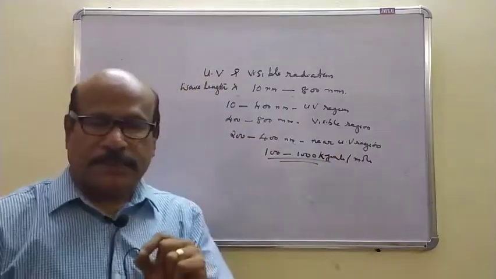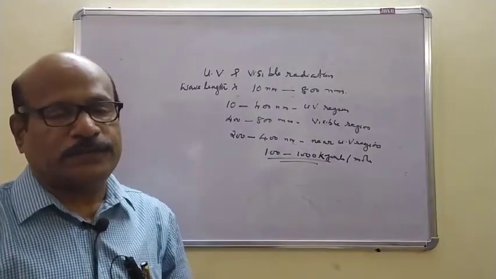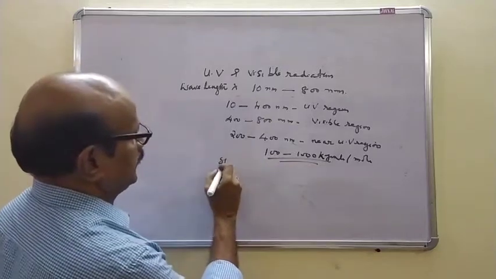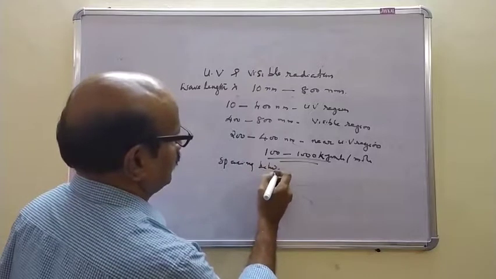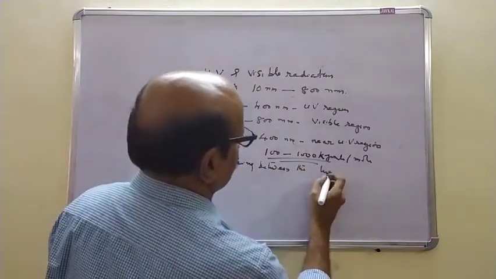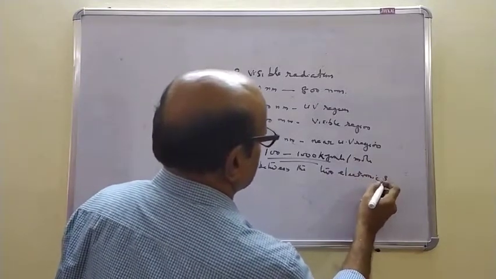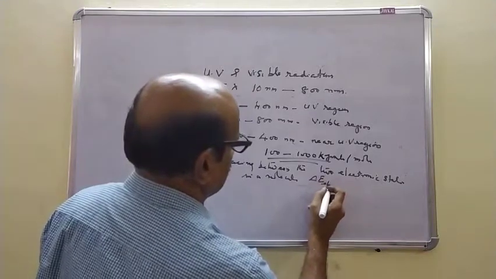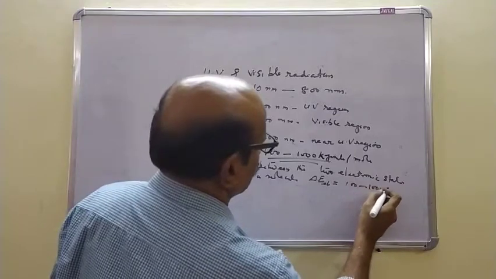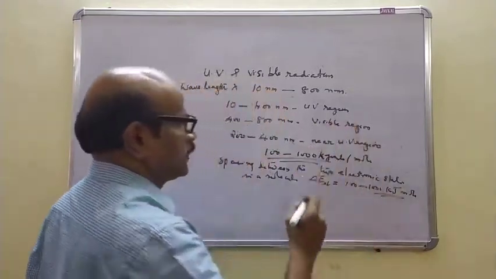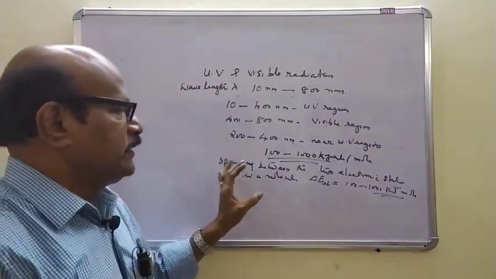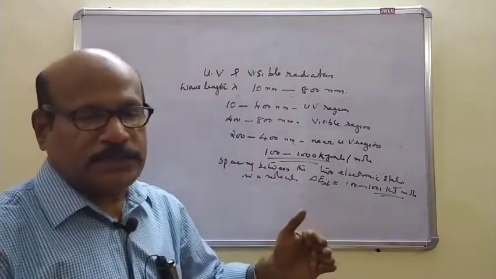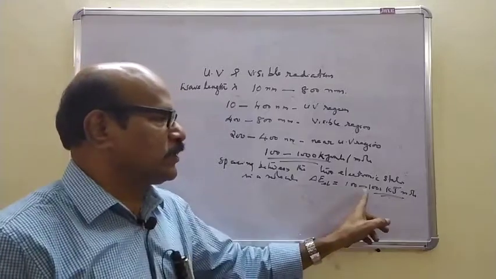The energy required for the transition of the molecule from the lower electronic state to the higher electronic state, that is the spacing between the two electronic states in a molecule, called delta E electronic, is of the order of 100 to 1000 kilojoule per mole.